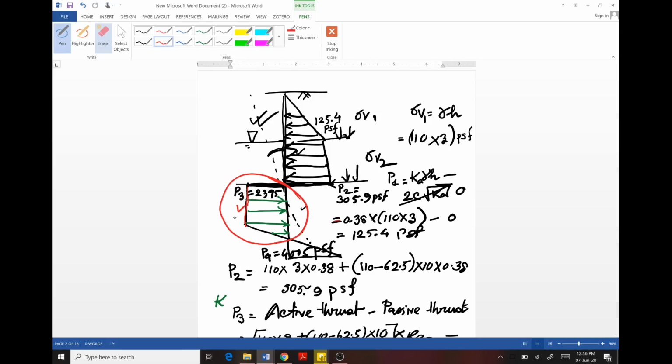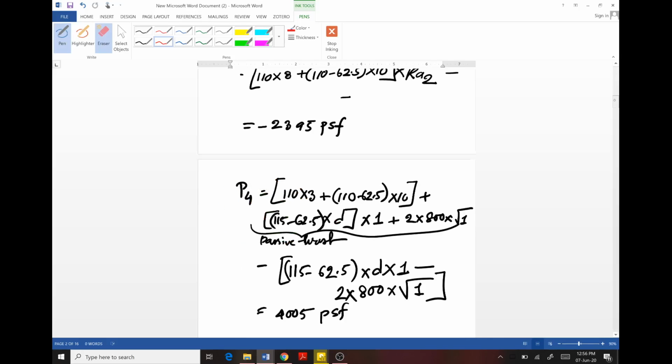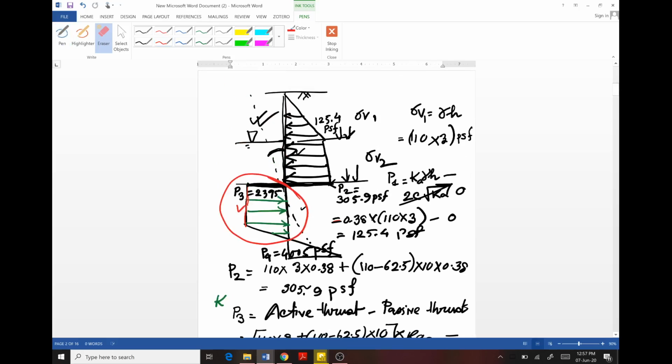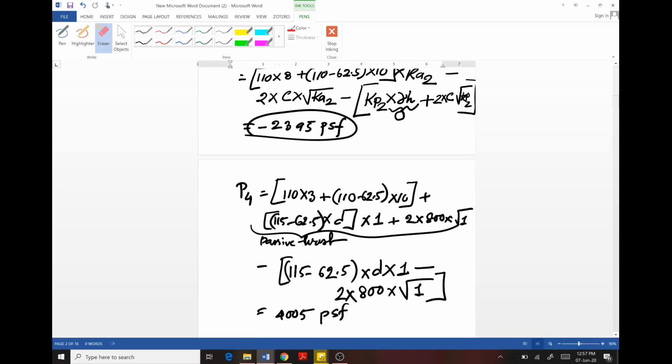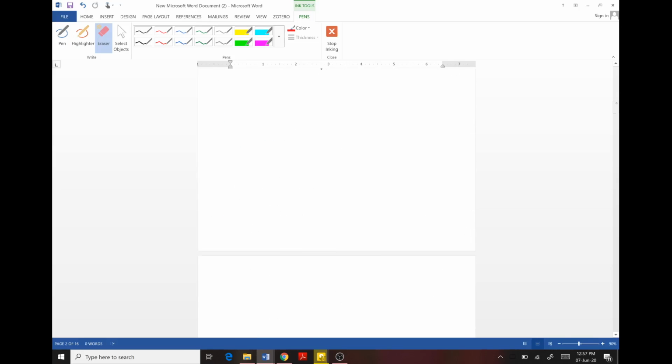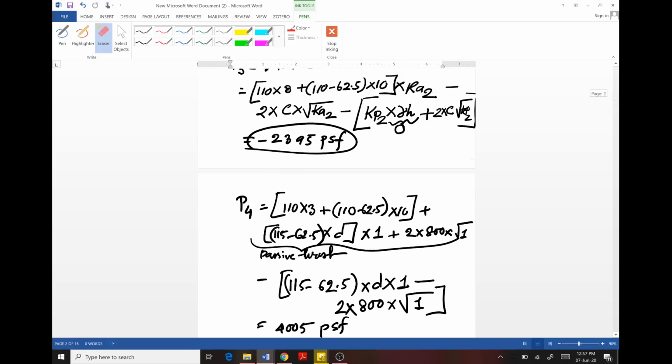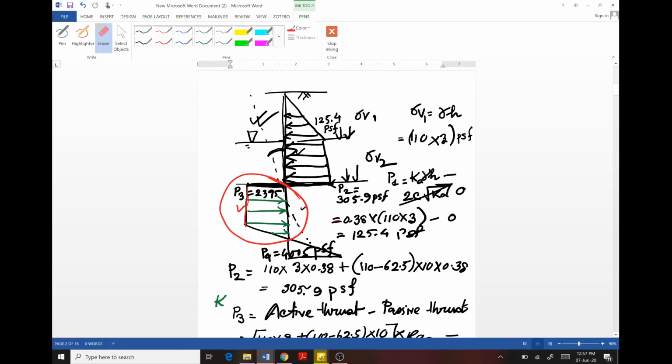As we can see in determining the value of P3, we have determined active thrust minus passive thrust of this region when the sheet pile enters the second layer of the soil stratification.